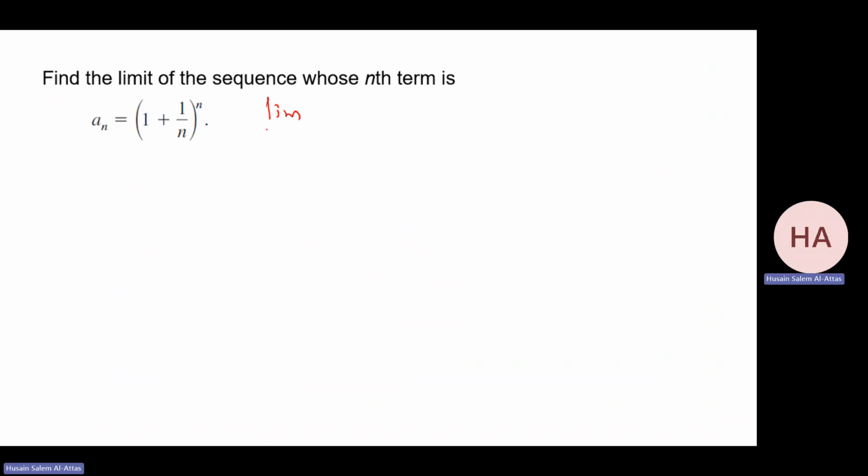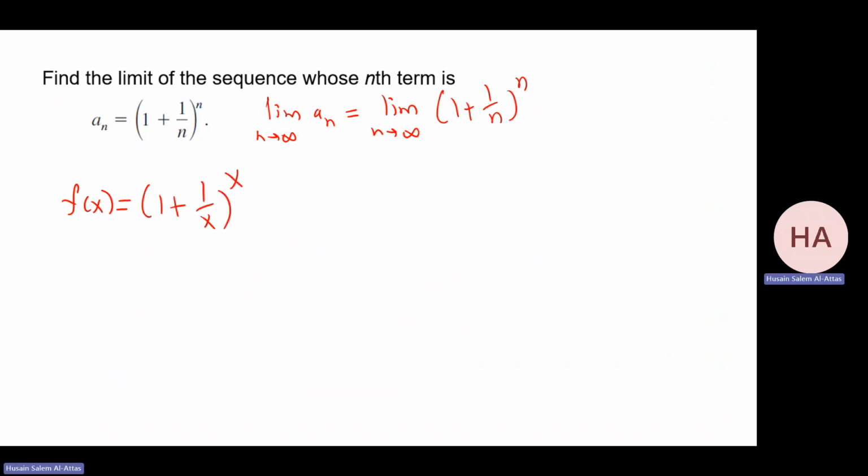I need to find the limit as n goes to infinity of an, which is the limit as n goes to infinity of this function. So I'll take f of x as 1 plus 1 over x to the power x, which is 1 to the power infinity. If I take the limit as x goes to infinity, I have 1 plus 1 over x to the power infinity, 1 to the power infinity, an undetermined form.